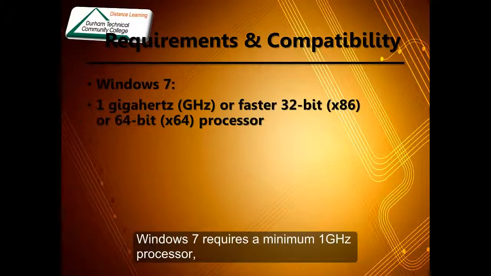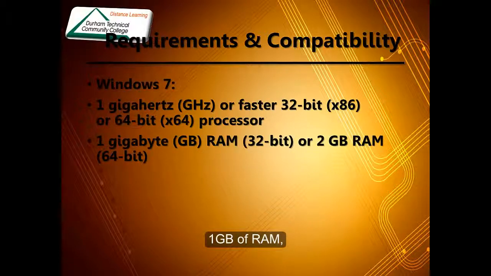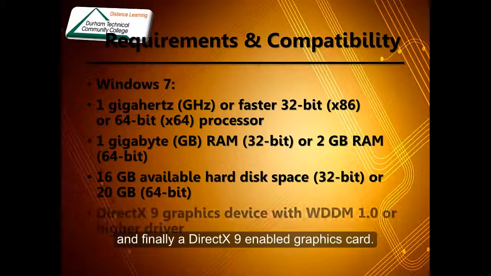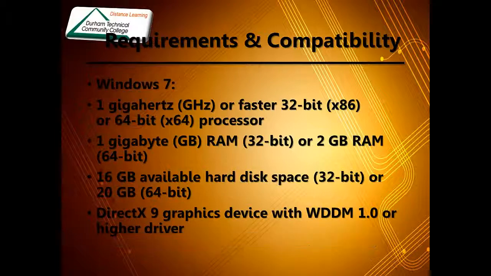Windows 7 requires a minimum 1 GHz processor, 1 GB of RAM, 16 GB of free hard disk space, and finally a DirectX 9 enabled graphics card.